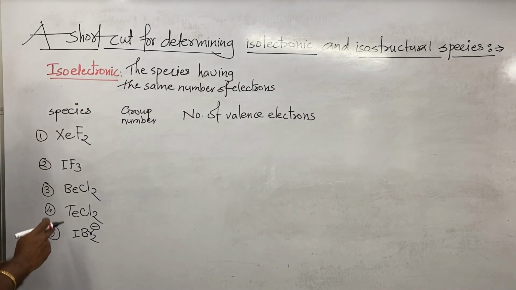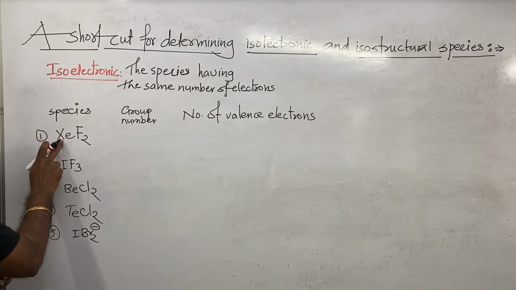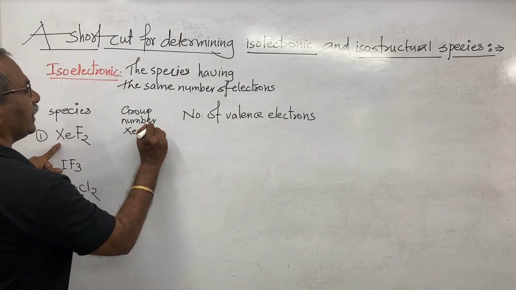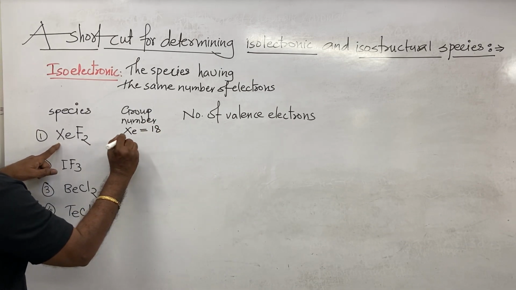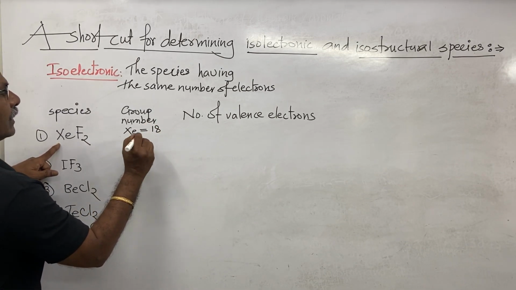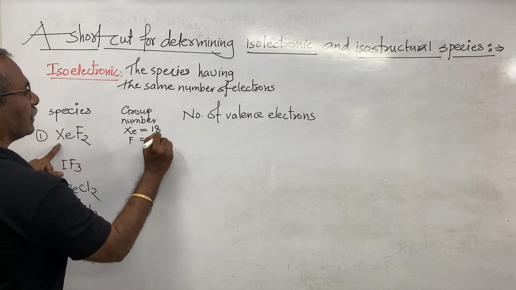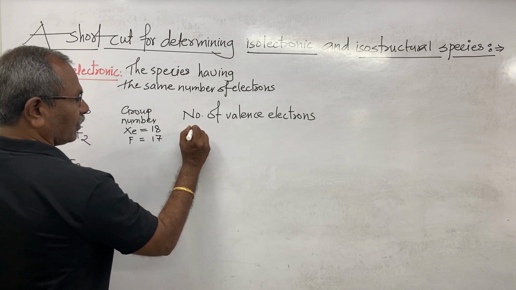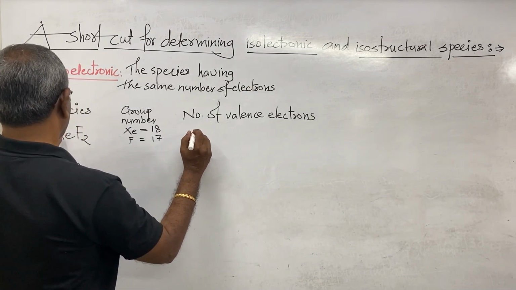First of all, you write here species, then write group number, and then write the number of valence electrons. First example, XeF2. Group number of xenon is 18 and that of fluorine is 17. So from the group number we can calculate the number of electrons for xenon.